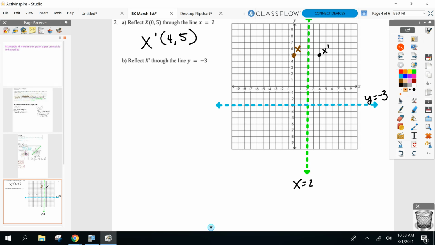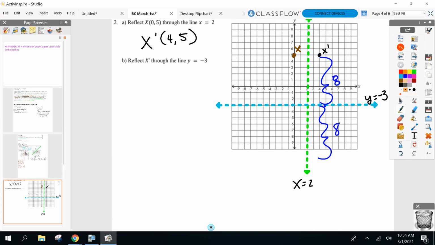So hopefully we're not freaking out here. All right, we don't need to add on to the graph because what'd you guys find? What was the distance from X prime to the line of reflection? What's that distance? 8 units, right? So that means I got to go 8 units from -3, right?